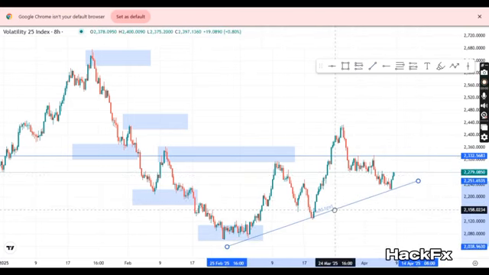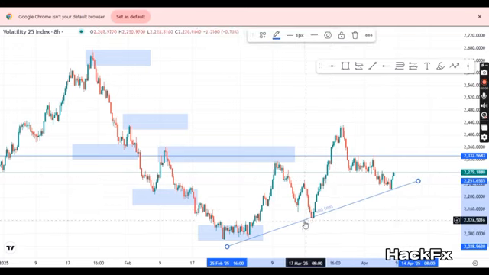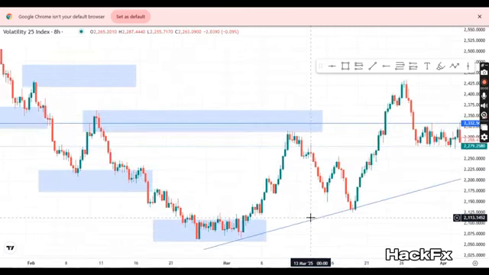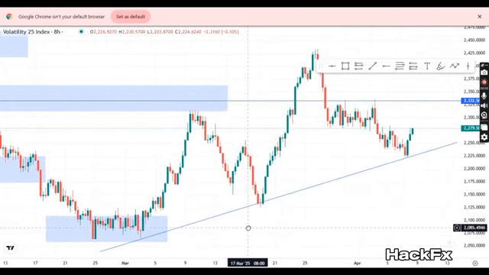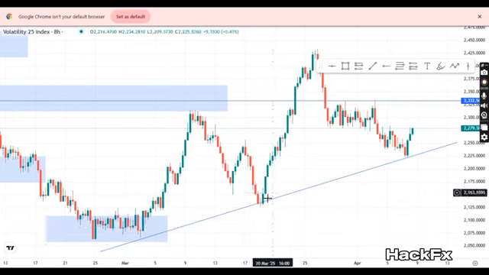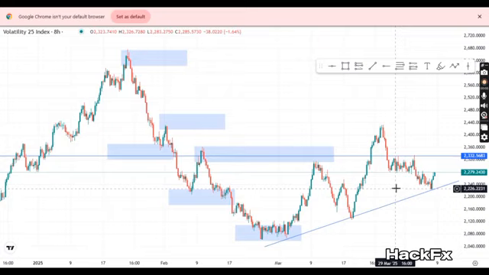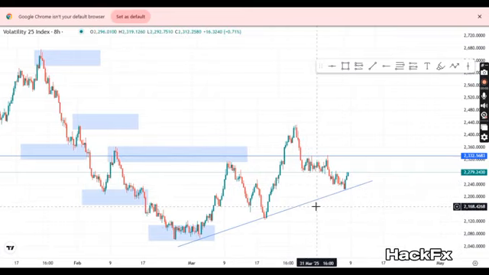The first low was formed. The second one formed. You see, this is the first low, the second low. Now the third low has formed. You see, 3 touches confirms it that this is going to buy.